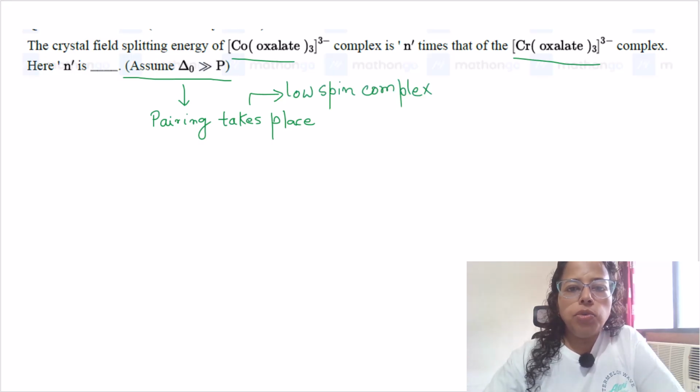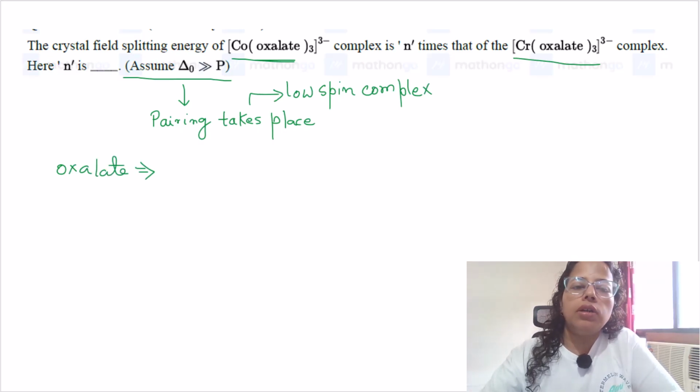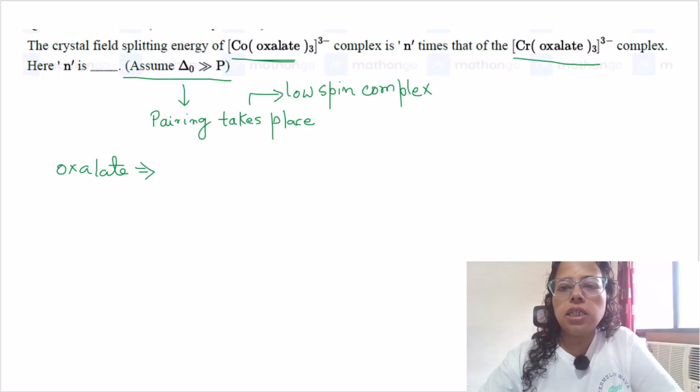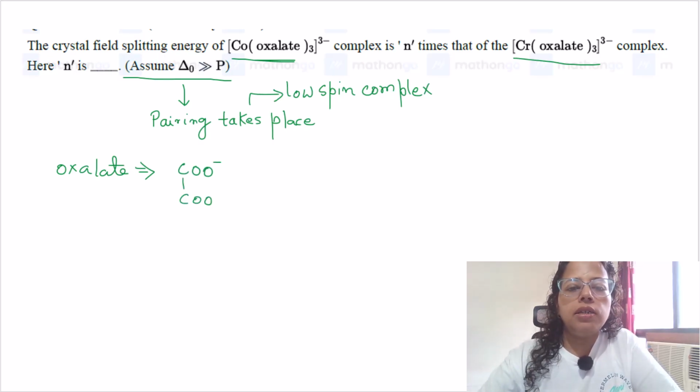Okay, now we move on to the ligands in the next step. So here we have the oxalate ligand. If you know the formula of oxalate, then you can understand the coordination number of cobalt and chromium in these complexes. So oxalate is COO minus minus, and here we have the two oxygens.